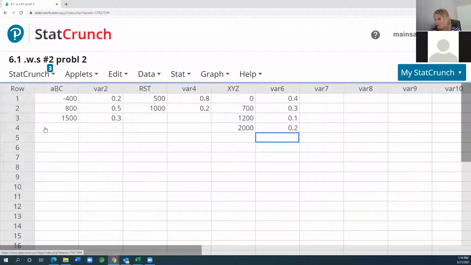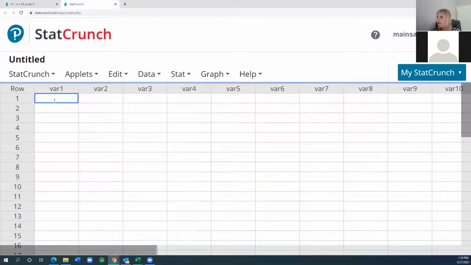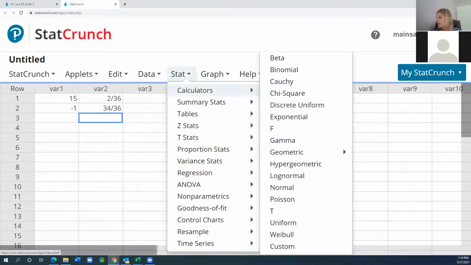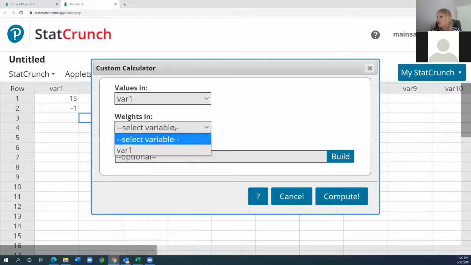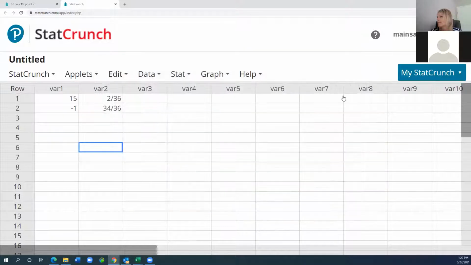So let's go ahead and do a new data table here. Okay, so let's put in our $15 that we're going to win, our $1 that we're going to lose, and then I don't know if it'll let me use a fraction. Let's try this. I can't remember. I haven't used this enough to remember all the things it lets me do and lets me not do in here. So we're going to go to Stat and Calculators and Custom, and our values are in var 1, and our weights are in, it won't let me choose.